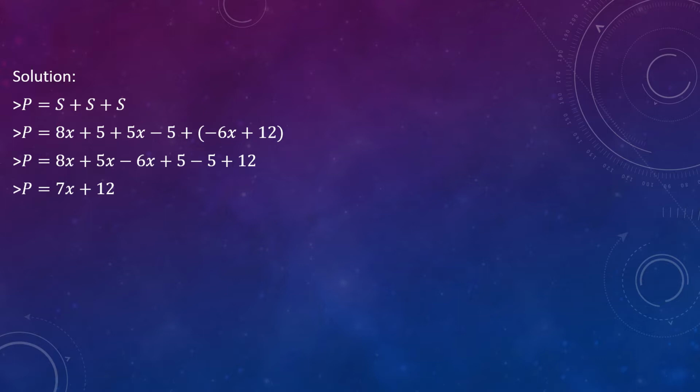Because 8x plus 5x minus x is equal to 7x. And if you're wondering, we directly added it to 12 since 5 minus 5 is equal to 0, added to 12 is equal to positive 12. So the perimeter of the triangle is 7x plus 12.